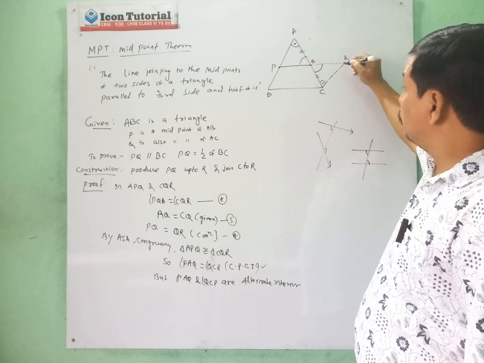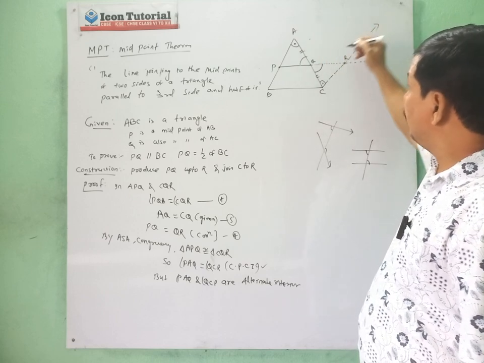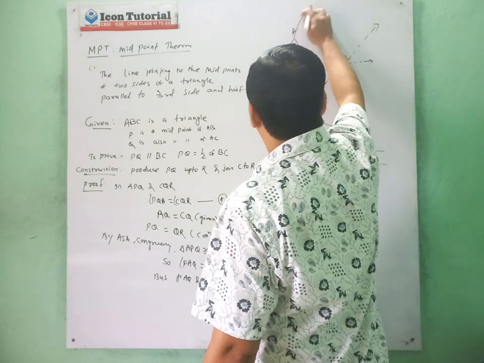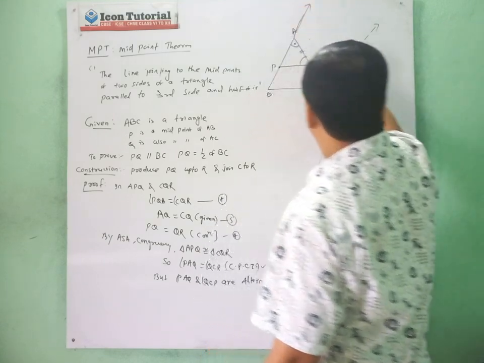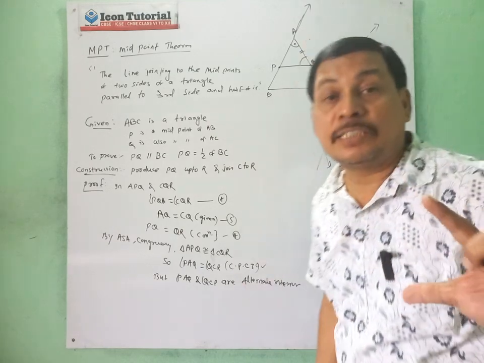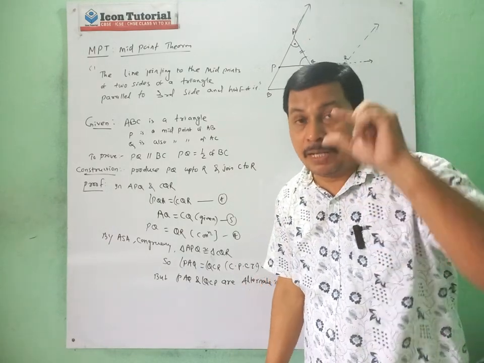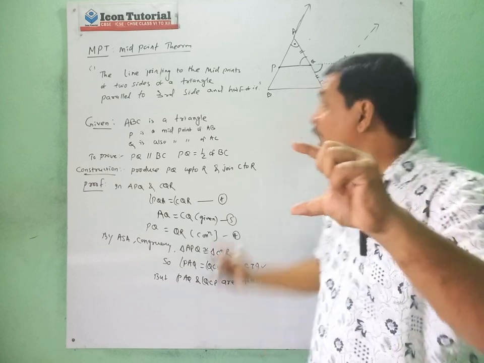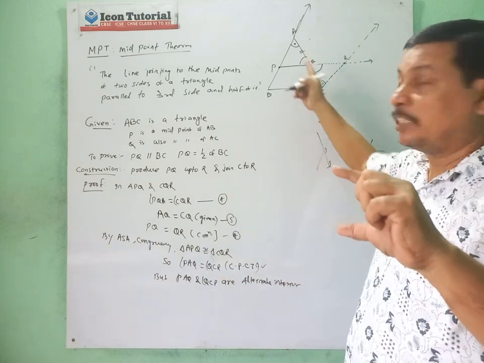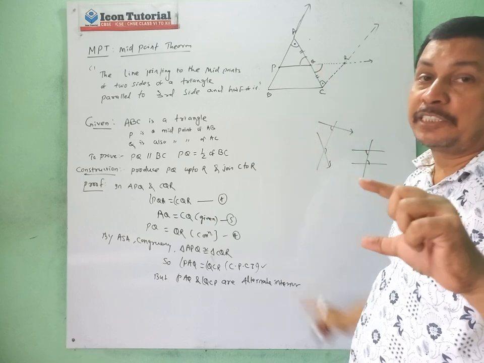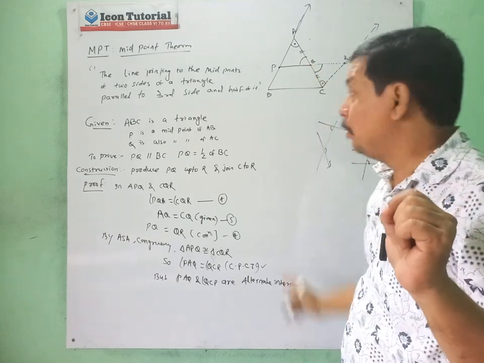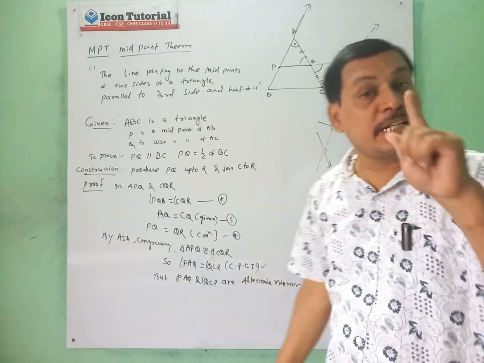That is why these two lines are parallel to each other, where AC acts as a transversal, right? The two lines intersected by a common transversal are parallel to each other because alternate interior angles are equal.